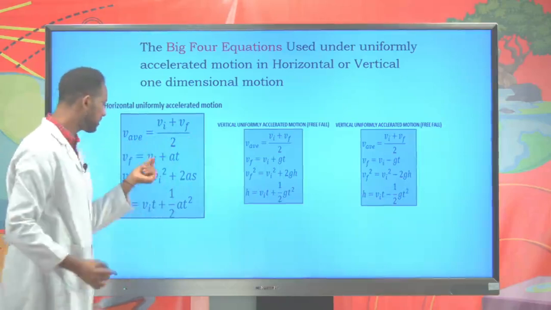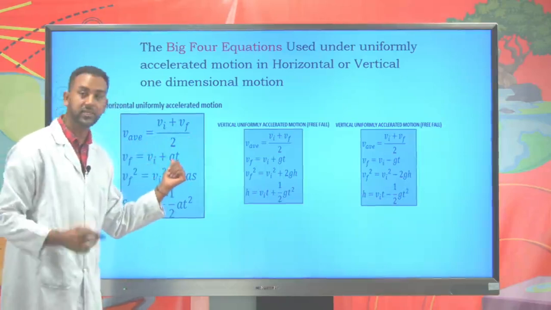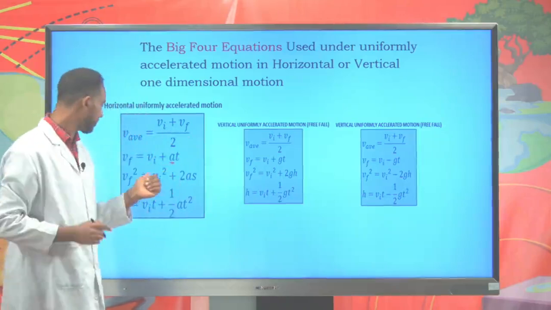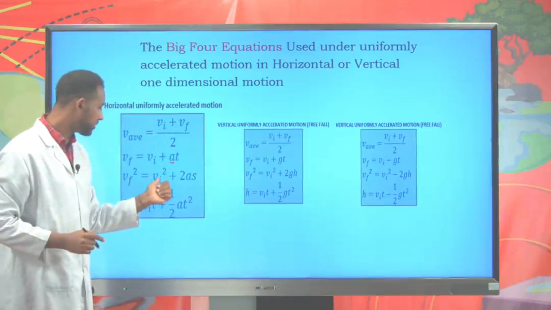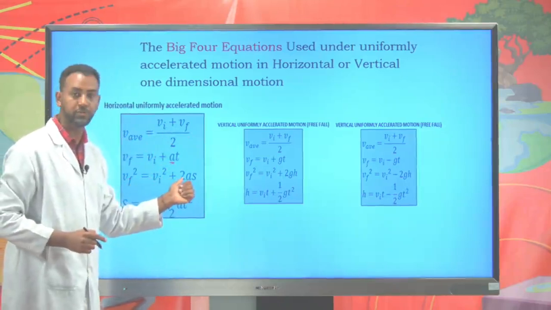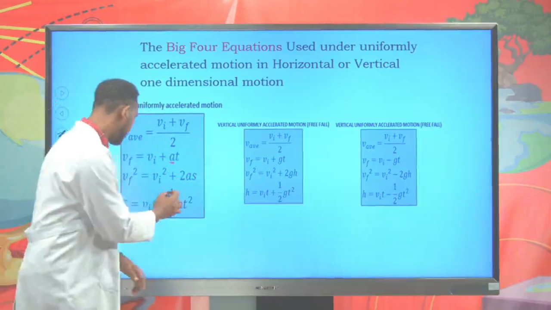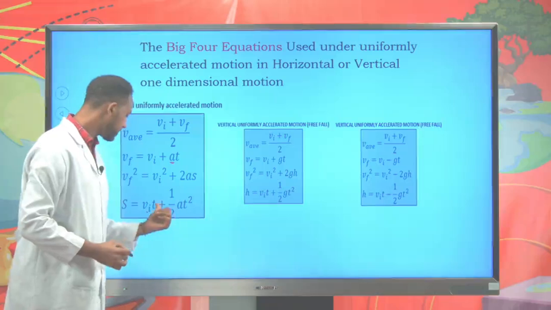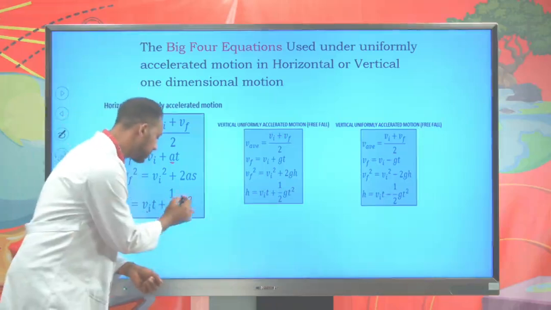The final velocity is equal to the initial velocity plus acceleration times t, and remember that this acceleration is constant. The final velocity squared is equal to the initial velocity squared plus twice the acceleration times displacement. And displacement s is equal to the initial velocity times t plus half times acceleration times t squared.